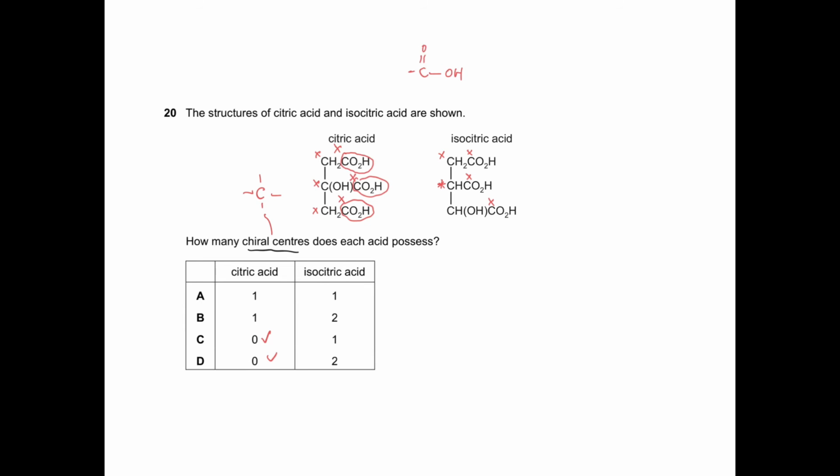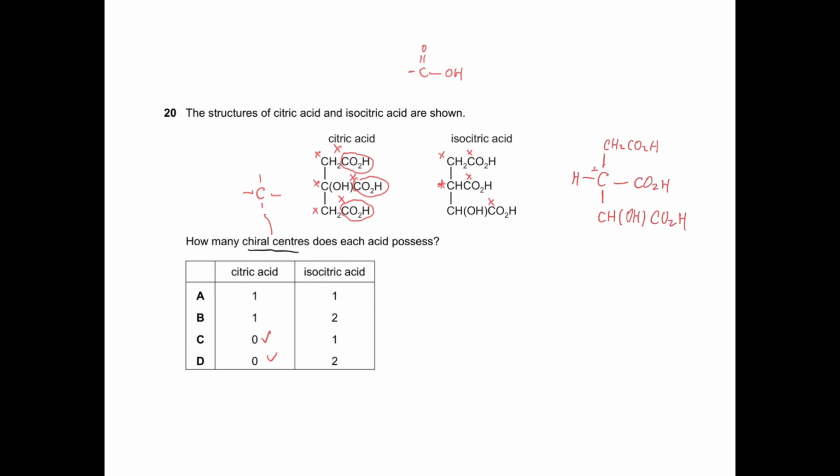Okay, why? Now let's take a look. This carbon up here is linked to CH2CO2H. This is one group. The second group is H. By right, if we draw it out, it's supposed to look like this. Okay, so H up here, CH2CO2H on the right, CO2H, and at the bottom CHOH CO2H.